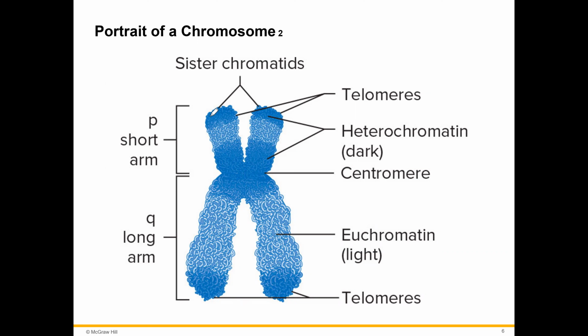It always happens, but they're supposed to be identical. So here's the chromosome, and this is its copy. These two parts of one chromosome are called sister chromatids. Now let's look at what this heterochromatin is and how it is different from euchromatin.